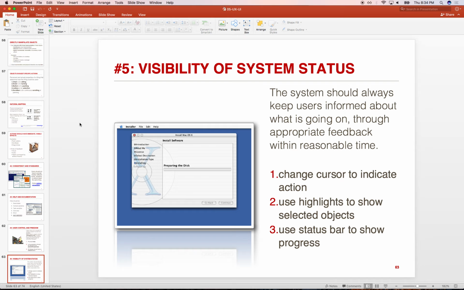I was reading an article about all these interfaces in airplane cockpits, right? Certainly folks go through a lot of training to understand all the workings of these, and one of the things that we've tried to do to help the pilots is that we try to automate systems, right?